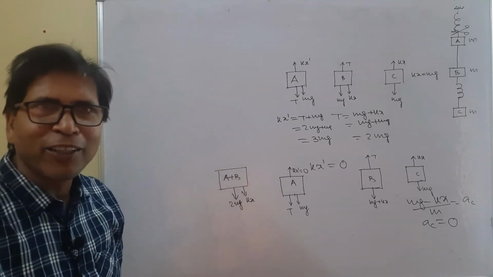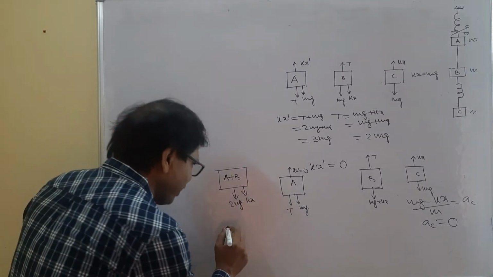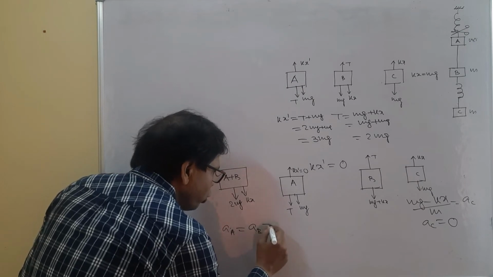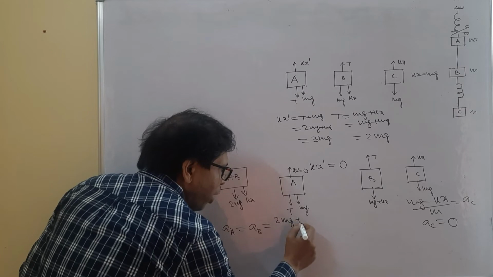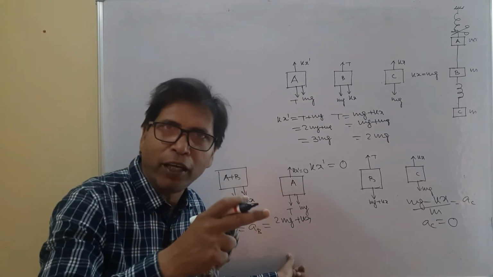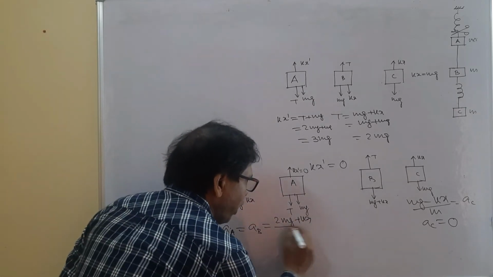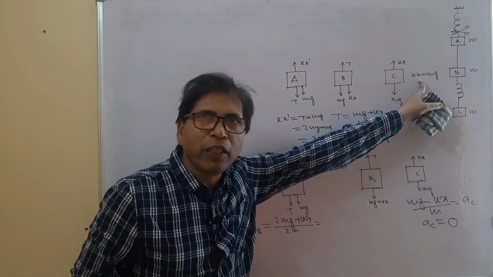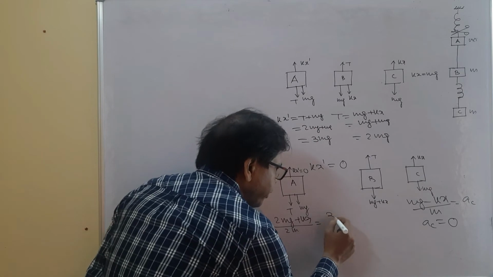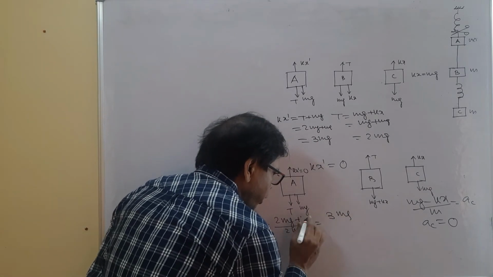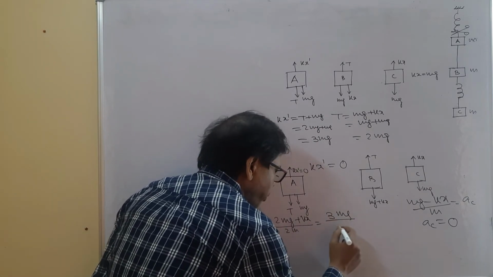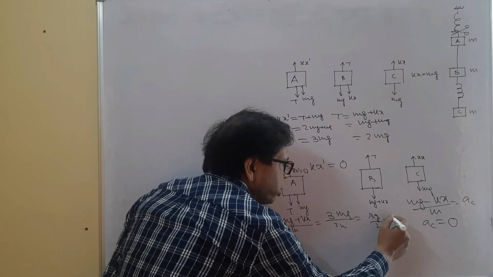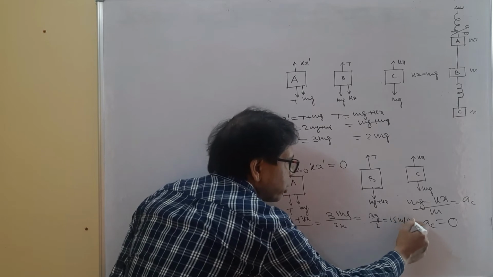So what will be the acceleration? Acceleration of A equals acceleration of B, which equals 2mg plus kx divided by the mass 2m. Now kx equals mg, therefore this is 3mg by 2m, so this is 3g by 2, which is 15 meters per second squared.